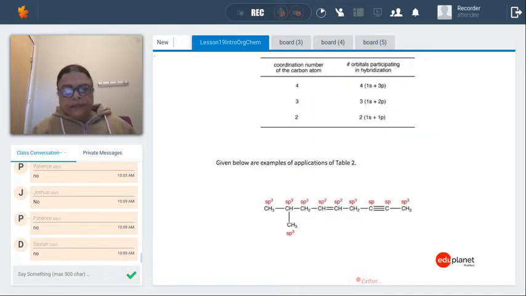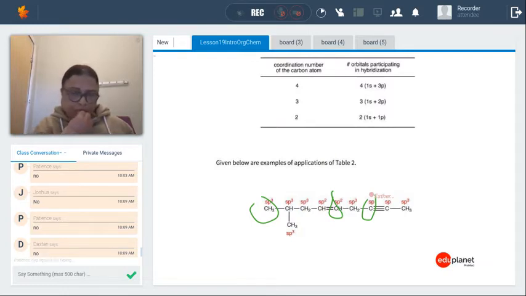Okay, all right. So look at this molecule here. This molecule here has sp3 carbons, sp2 carbons, and sp carbons. Make sense? All right.